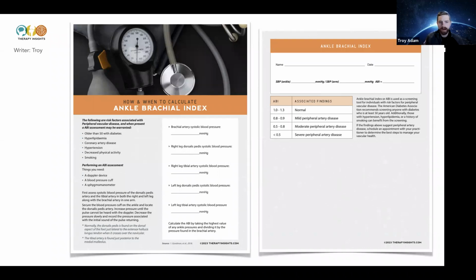How I see this resource being used in the clinic, and this is one of my favorite types of resources, is that it's got a direction sheet on it. I don't calculate ankle brachial index all that often, so when I do it, it's nice to have a sheet there for me.